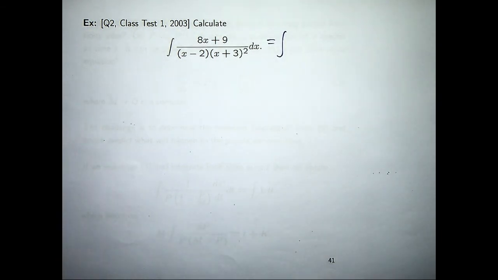Any suggestions? How would you break that up? Anyone? Try and make it like the top one, something like x minus 2. You could try to play with the numerator and make it like x minus 2. Difficult. I can't see it.